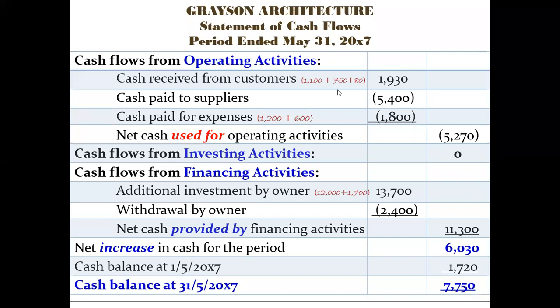Now, remember I said to you guys earlier on that the trial balance serves two main functions. It checks on the arithmetic and it helps us to prepare our final statements.